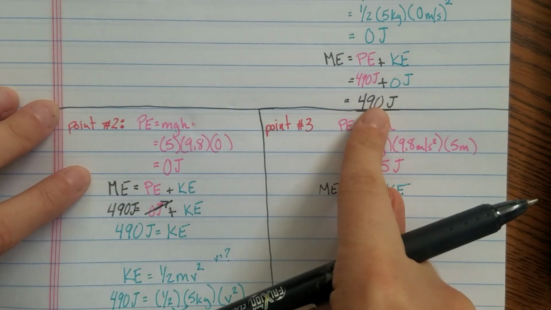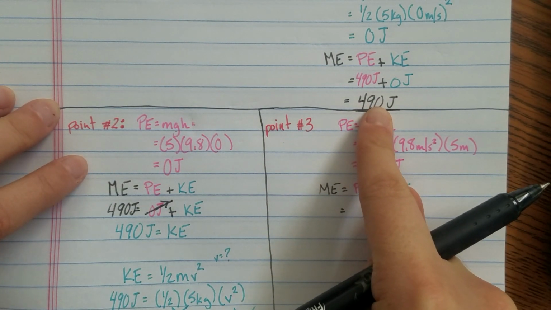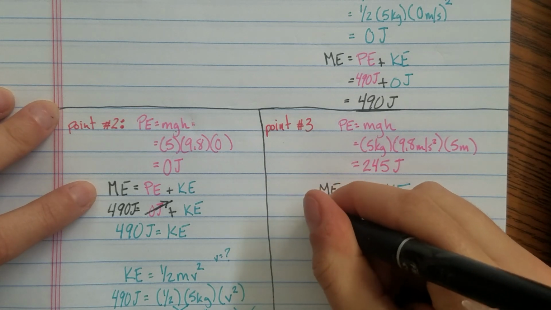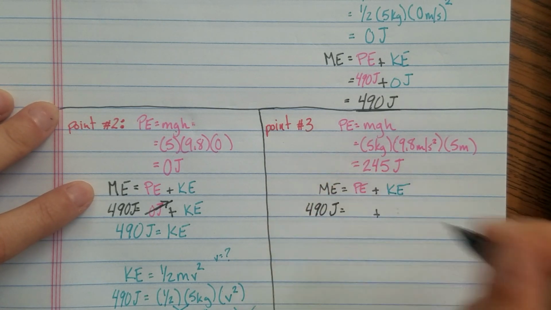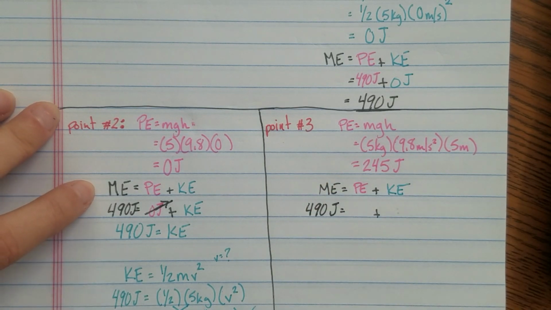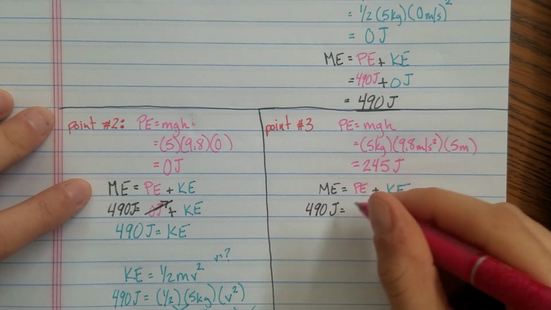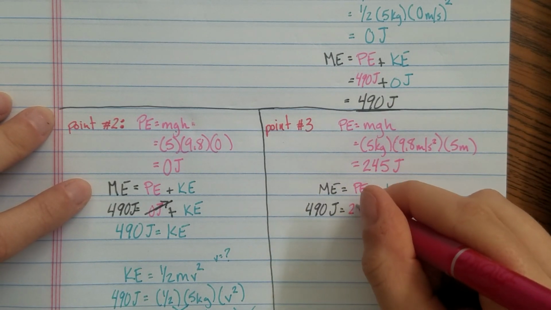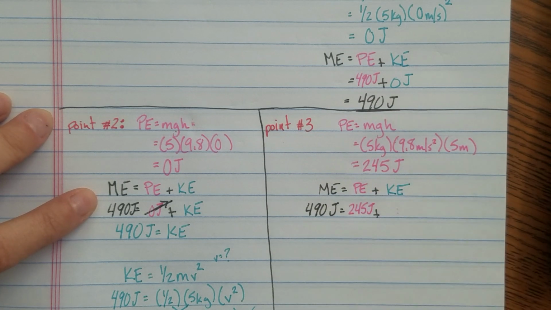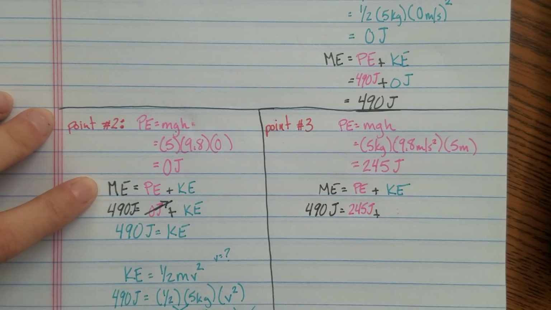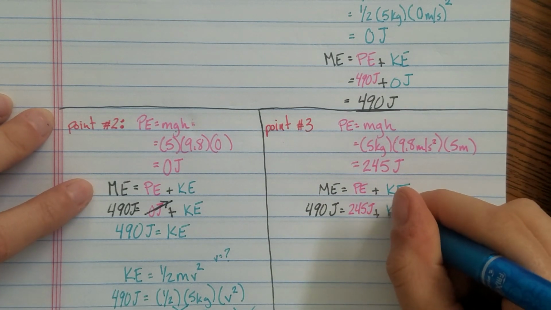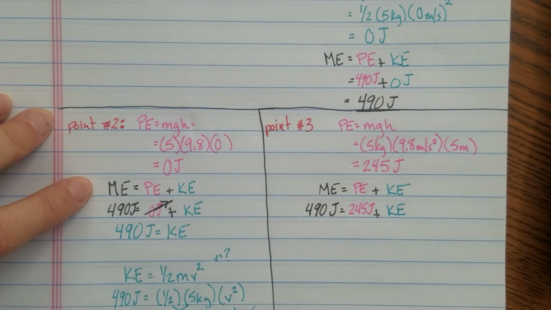So again, referring back to our total mechanical energy, because it cannot be created or destroyed, 490 joules equals our potential energy. We just found that at this point it's 245 joules, and kinetic energy is my unknown, so we will leave it as a variable.